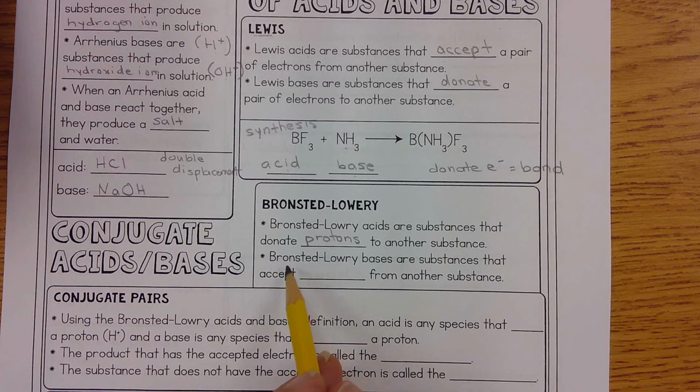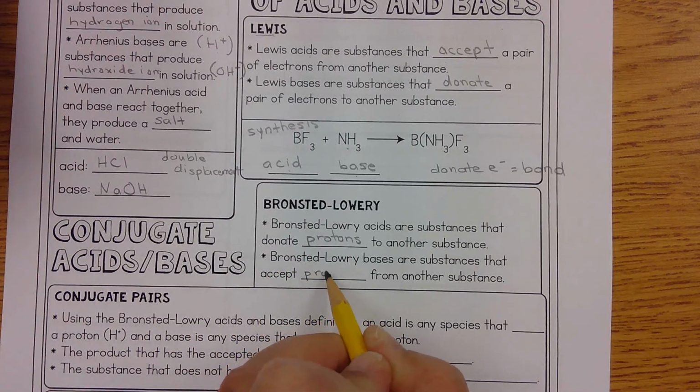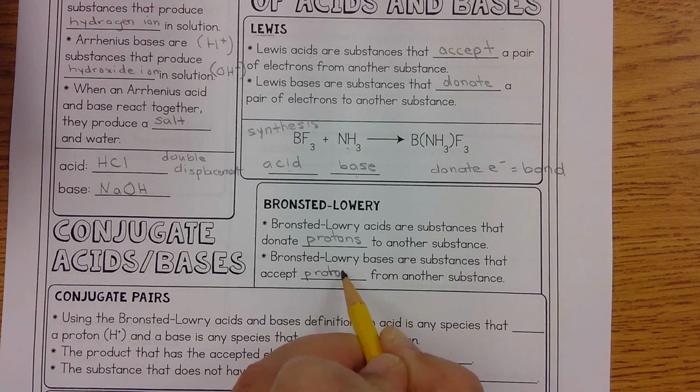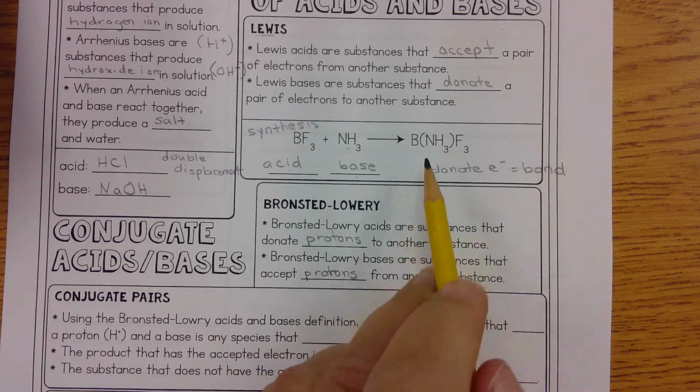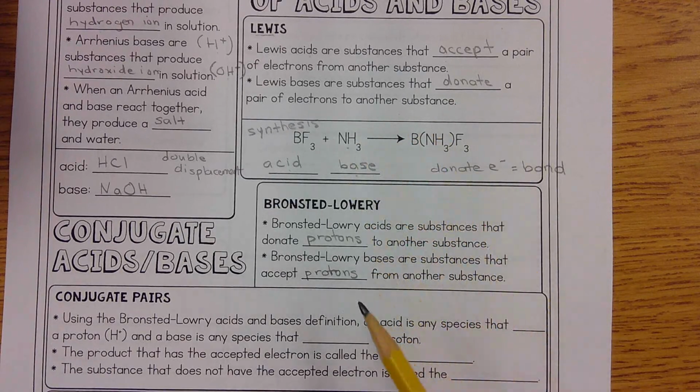And Bronsted-Lowry bases are substances that accept protons from another substance. So it's just a different way to talk about this, although here we're talking about the electrons, and with the Bronsted-Lowry, we're talking about the protons. So it kind of makes them the opposites of each other.